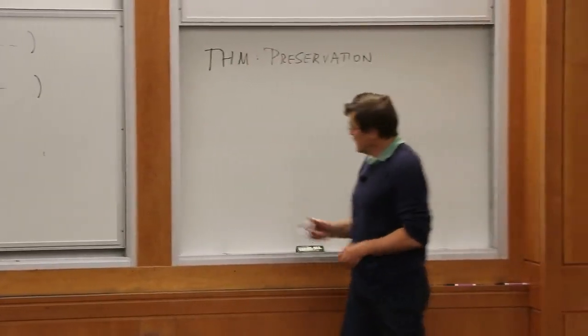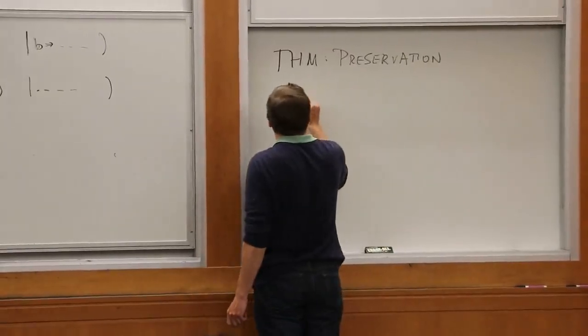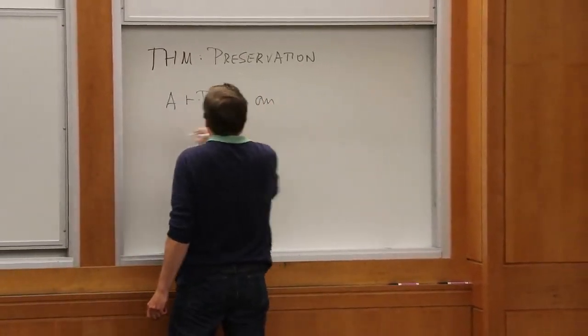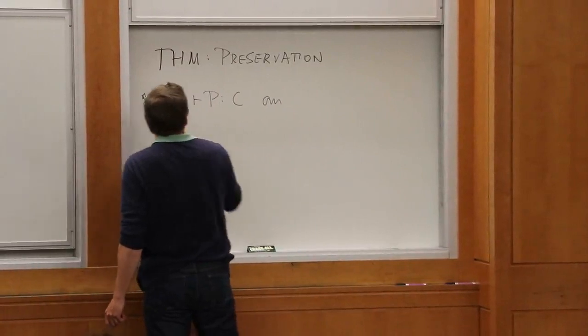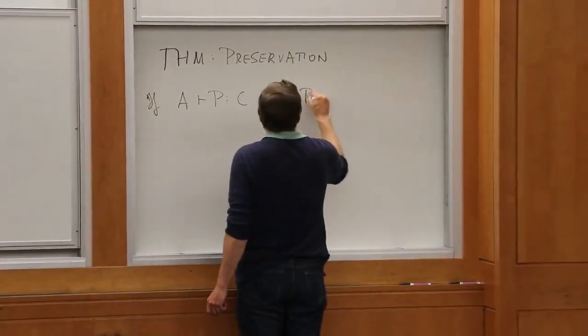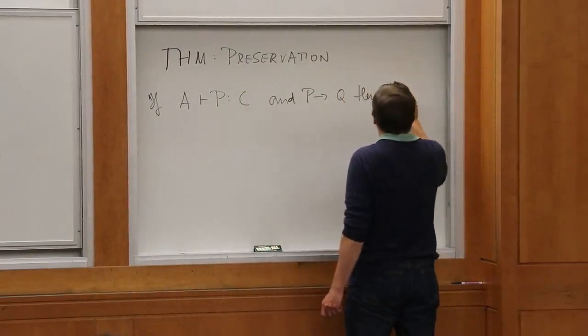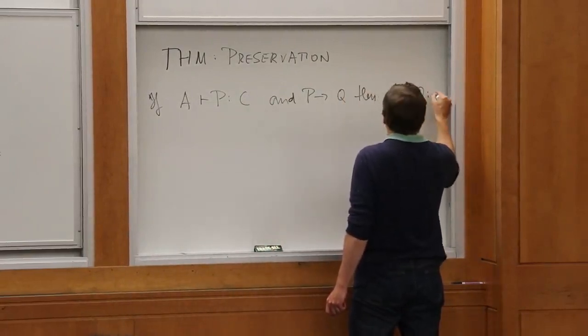Okay, it says the following. If you have a process or configuration that looks like this, so if this is typed and P makes a transition to Q, then the interface of Q is preserved.